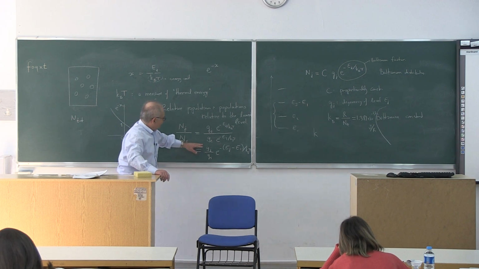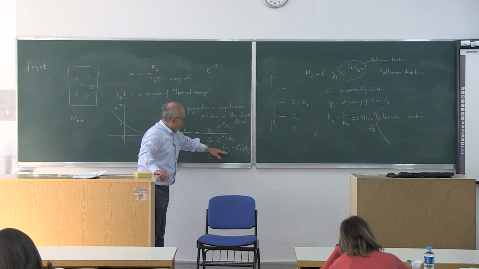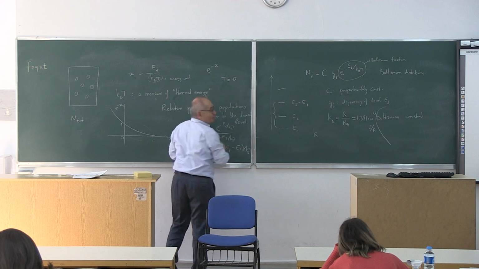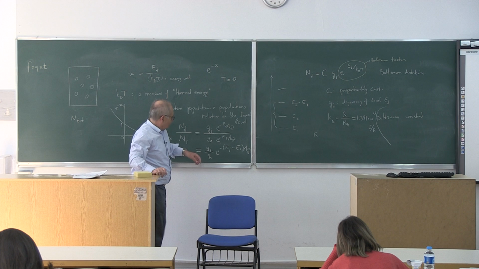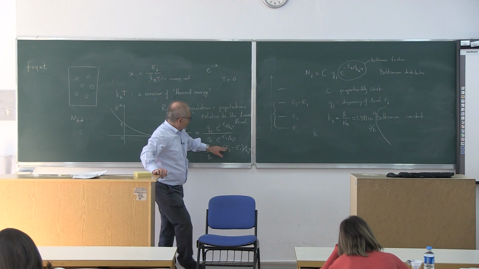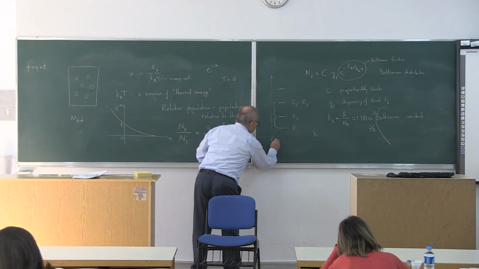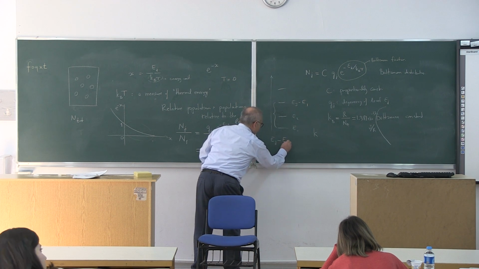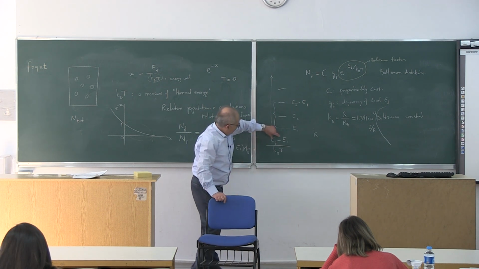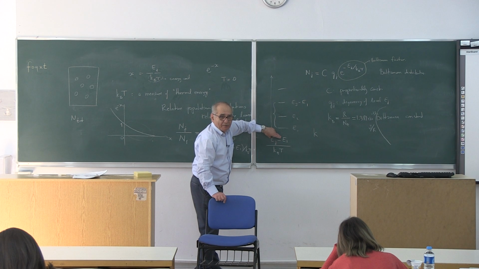Now, from this expression, you should convince yourself that at T equals 0, absolute 0, this quantity, which is Ej minus E1 divided by kT, if the upper part is non-zero, but T is 0, absolute 0, what will happen?